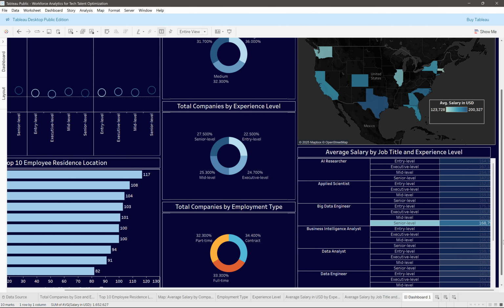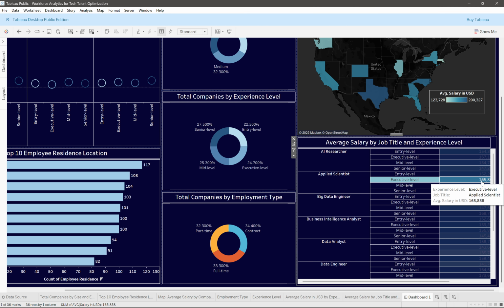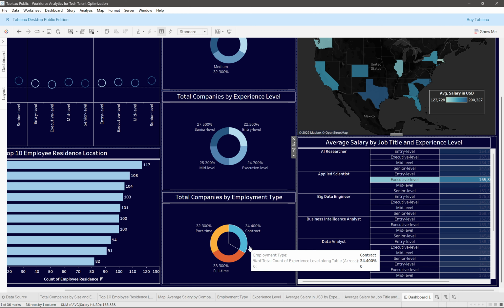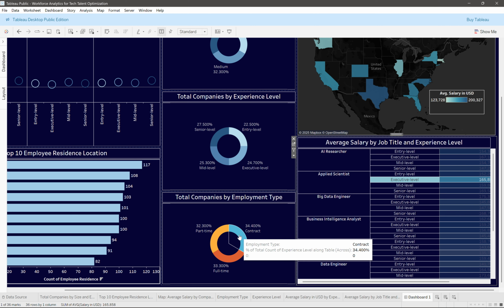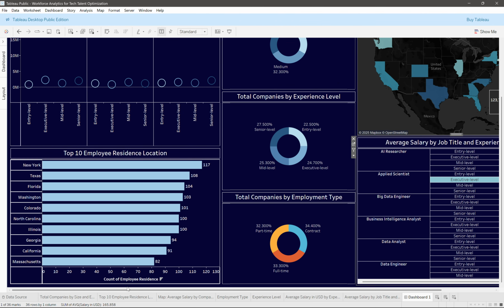At the executive level, the applied scientist salary is 165,000. Contract positions are 34%, 33% full time, 32% part time. Again, New York is on top at 117, with Massachusetts at 82 employees. So this is what we can see in our presentation.